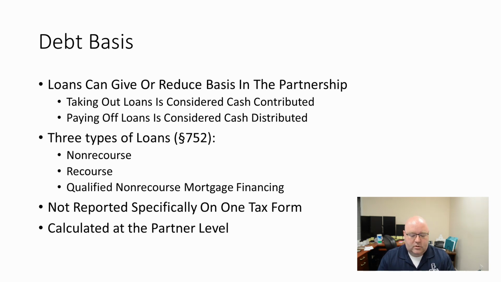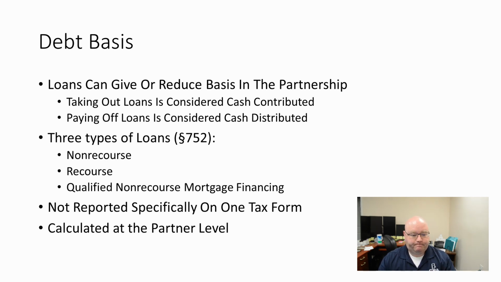Recourse liabilities. This is when you go to a bank and you take out a loan, and the bank goes, we really don't know you, partnership, but we know you, partner, because of your credit score. You have the 6 C's, as they like to call it, where credit, character, and all that sort of stuff happens.